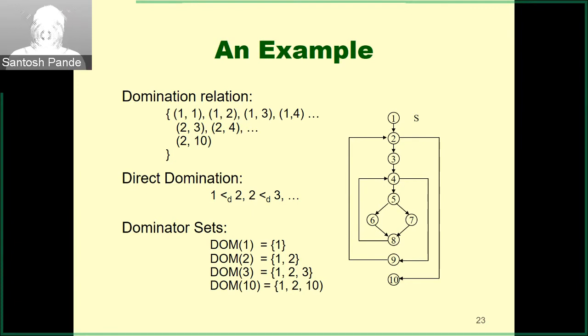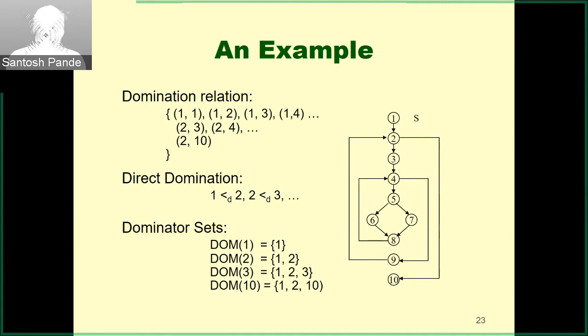You can easily see that this dominator relationship is a very interesting relationship. In other words, consider this small region here, 5, 6, 7, 8. And I want to find out the list of nodes and ignore the rest of the graph for a minute. Just these 4 nodes, 5, 6, 7, 8.